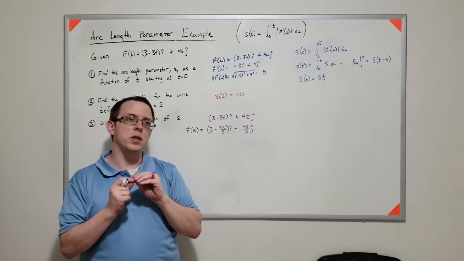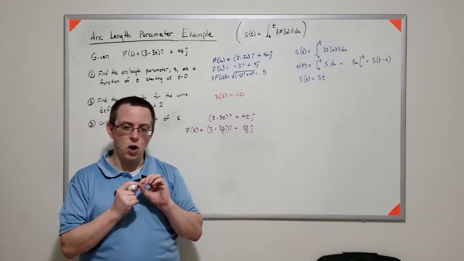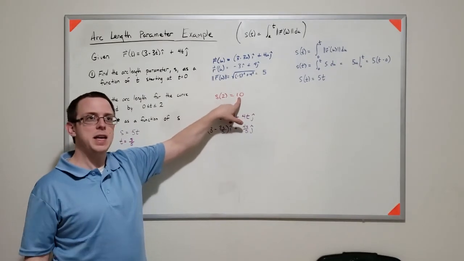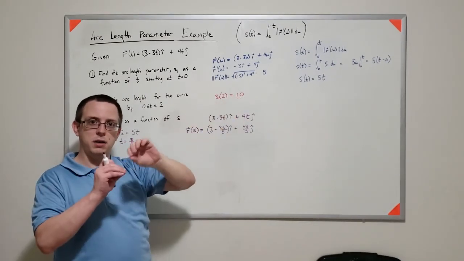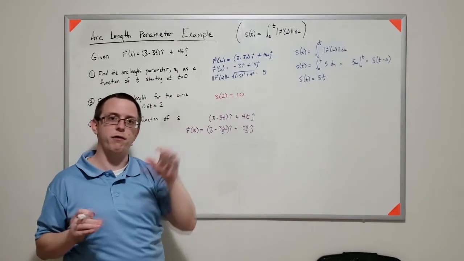So if I want to find the point when I've gone, in this particular case, 10 units along the line, when I've traveled that far, where am I?